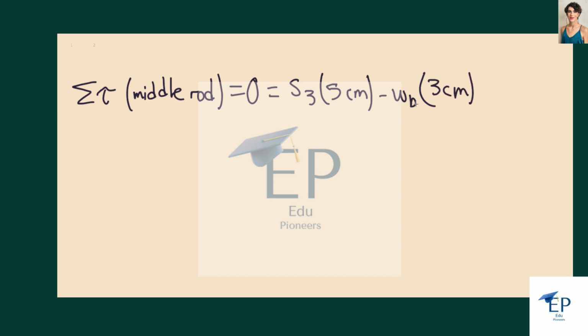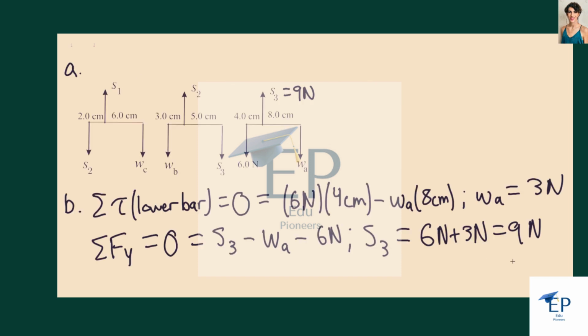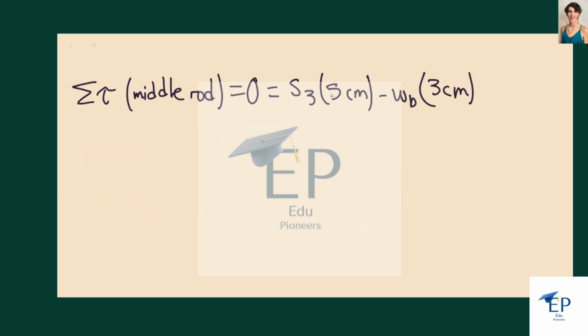So we should definitely find W sub B first. S sub 3 we found to be 9. So it would be 9 times 5, which is 45, and then divided by 3. So we know that W sub B is equaling 15 newtons.